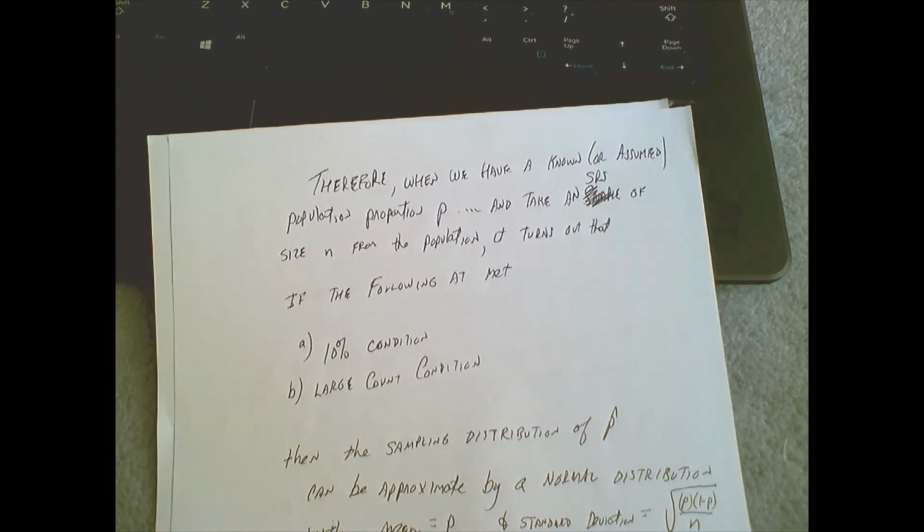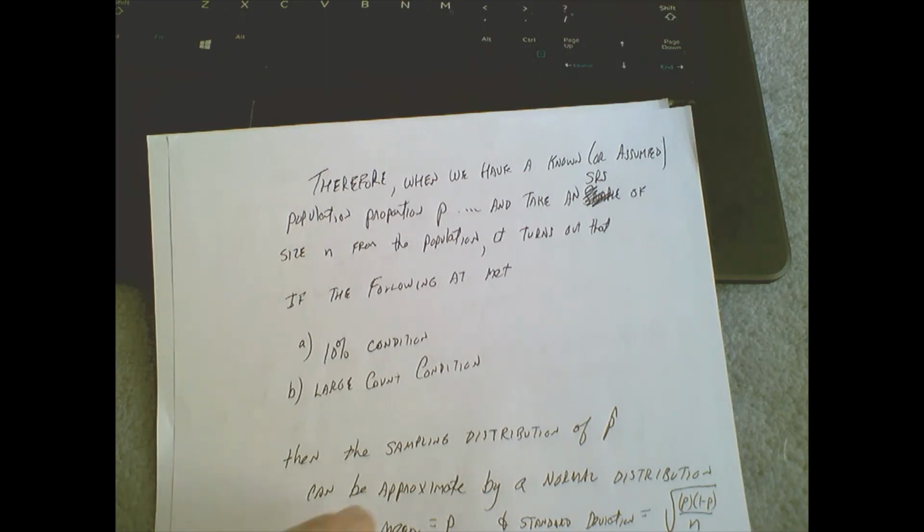When we have a known or assumed population proportion p and take an SRS of size n from the population, it turns out if the following two things are met, the 10% condition, allowing our sampling without replacement to essentially model a binomial distribution, and we meet the large count condition, which then allows that binomial approximation to be turned into a normal distribution model approximation.